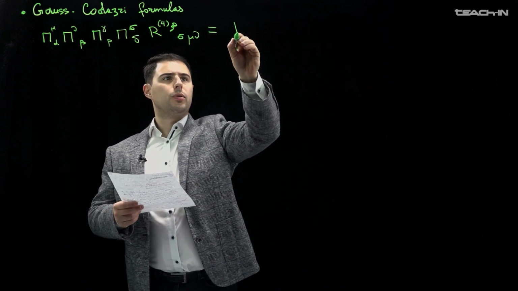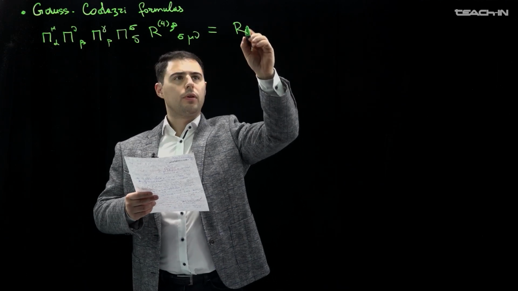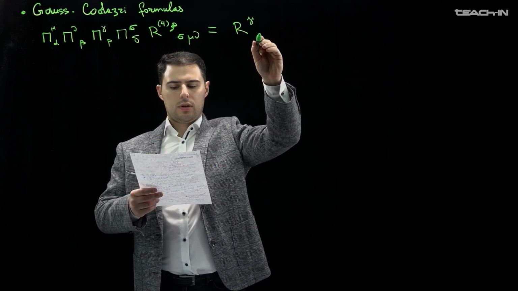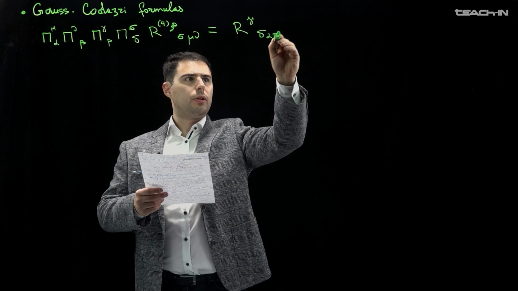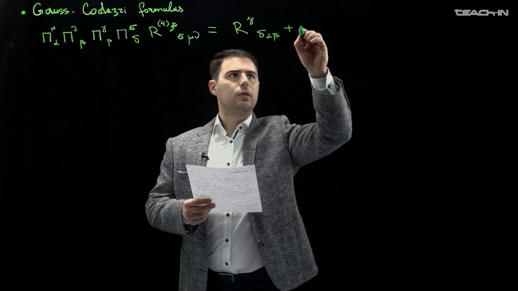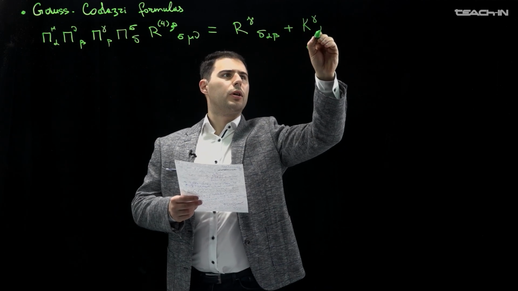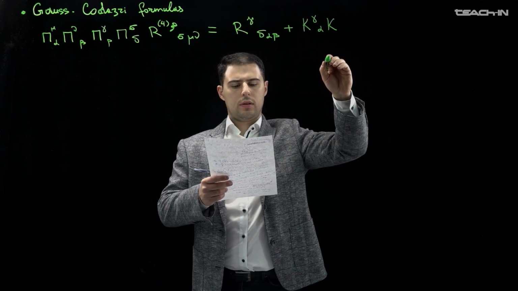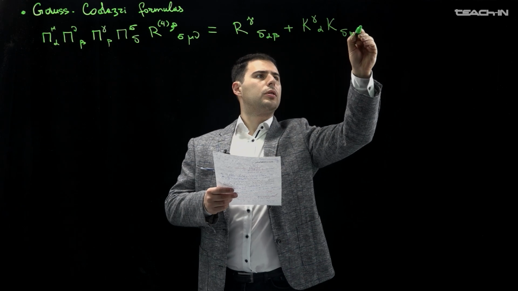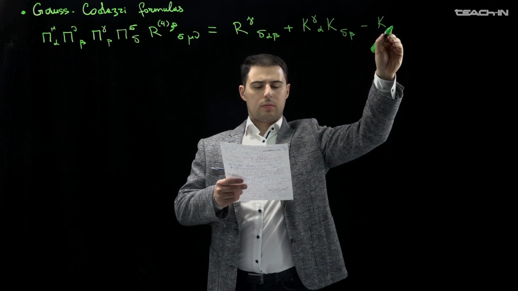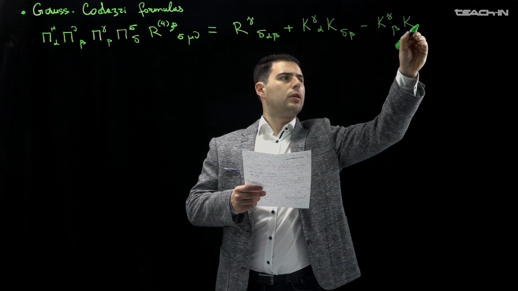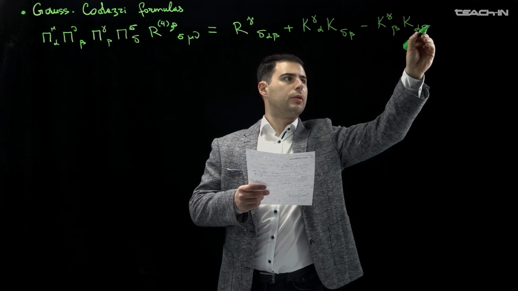And it would equal the following combination of three-dimensional curvatures: gamma delta alpha beta plus k gamma alpha k delta beta minus k gamma beta k alpha delta.